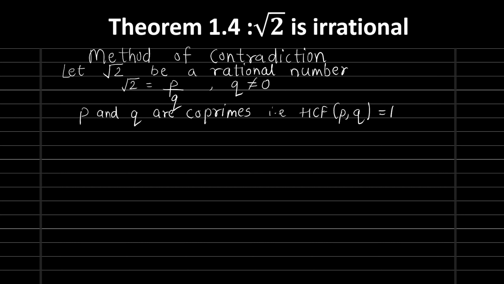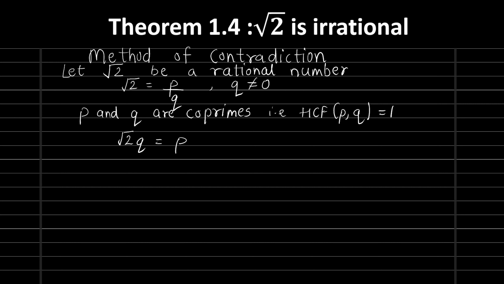So if root 2 is a rational number and it can be written in the form of P by Q, where Q is not equal to 0, therefore P and Q are coprimes, and the HCF of P and Q will be equal to 1. So if we cross multiply, we will multiply Q with root 2. We are going to get root 2 Q equals P.